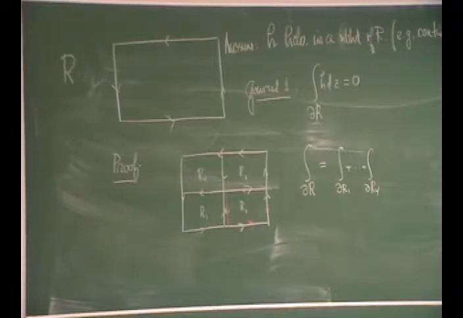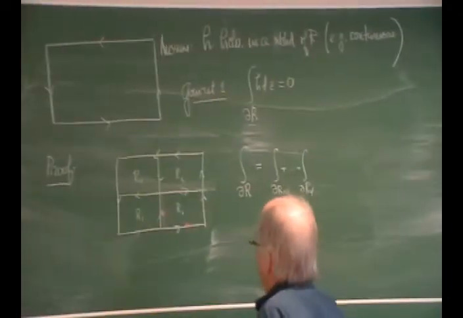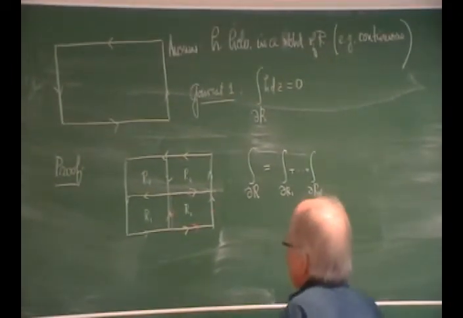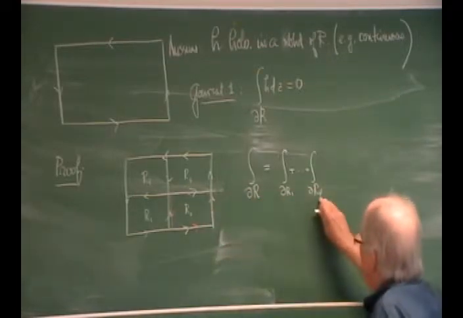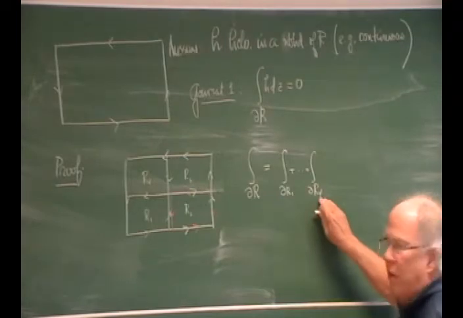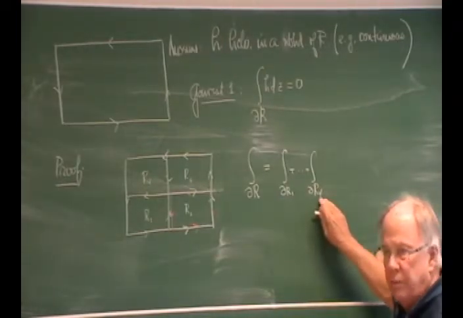Well, then you make a very rough estimate. This is just amazing that this estimate works. This is an estimate that can be made by somebody who's not thinking very well. You see, you don't have to think to make this estimate. How many integrals do we have here? We have 4, right?